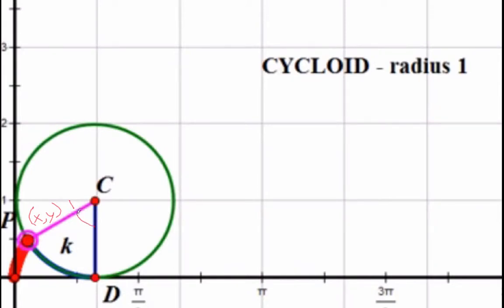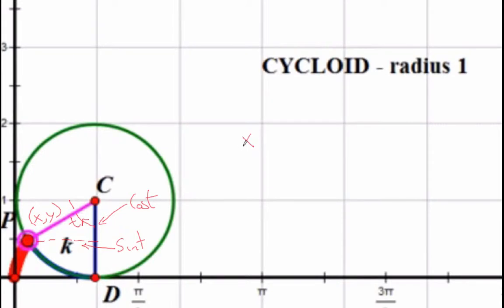This angle here is t. When t is 2 pi, this point will have moved a distance 2 pi. Now let's look at this distance here. Obviously this is sine t, and this here is cosine t.